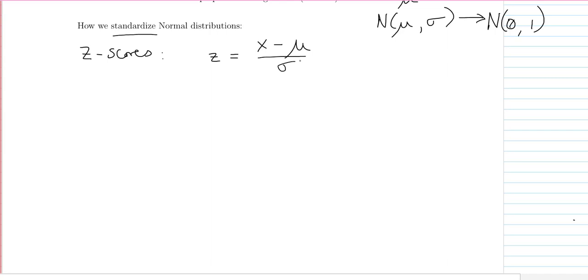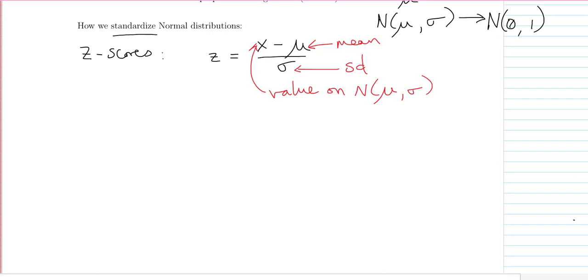Again, just a reminder that mu is the population mean and sigma is the population standard deviation, and x is the value that we care about on the normal distribution with mean mu and standard deviation sigma.